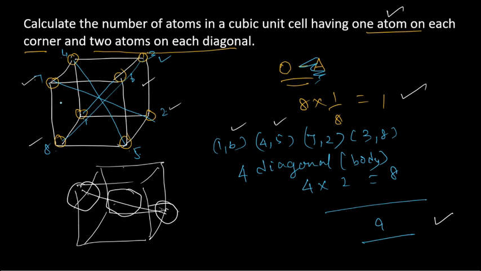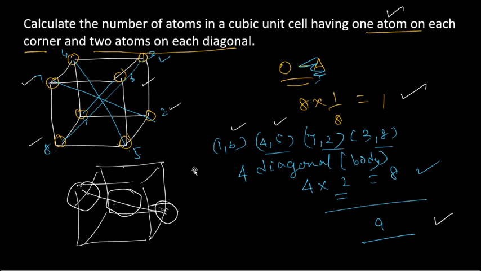Now you just link 1 and 6. 6 is here. So 1, 6. Similarly 4, 5. Likewise we have 4 diagonals. So 4 diagonals consisting of 2 atoms each means 4 into 2, 8. Already at the corner position you have 1, and here it is 8. Totally 9 atoms are there.